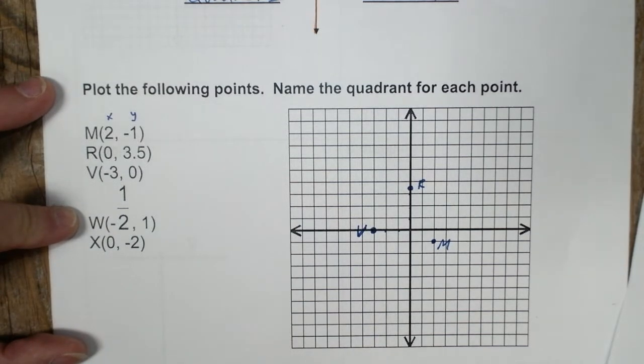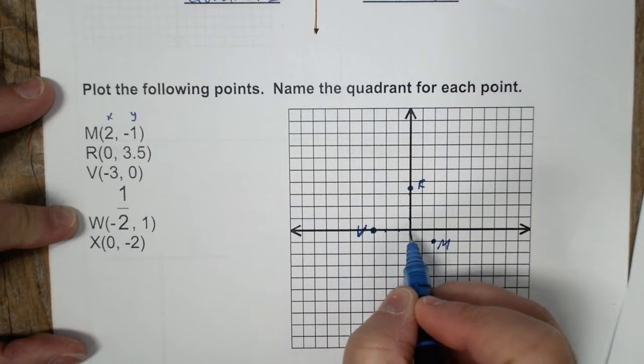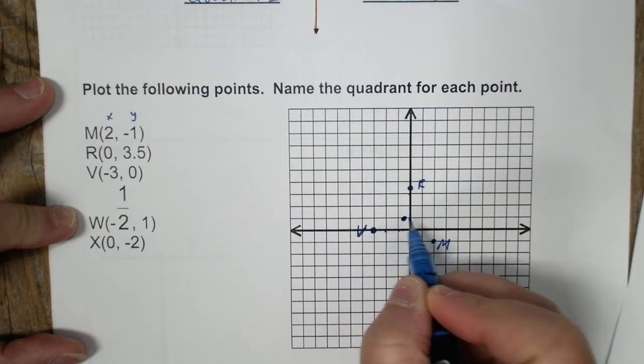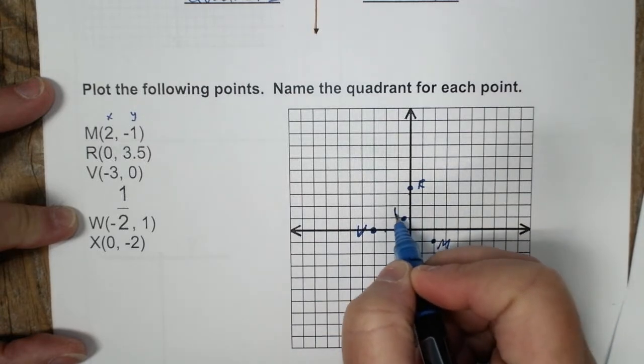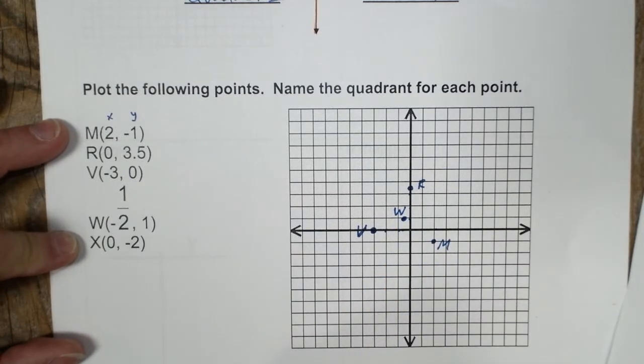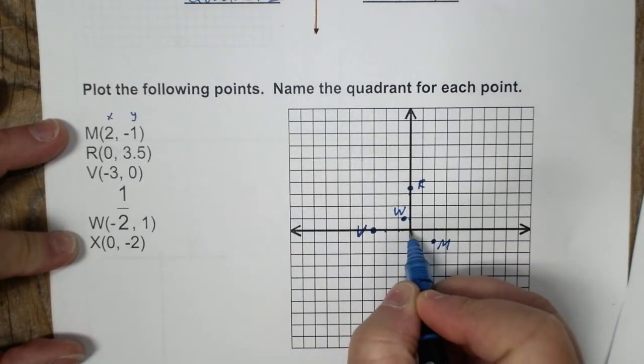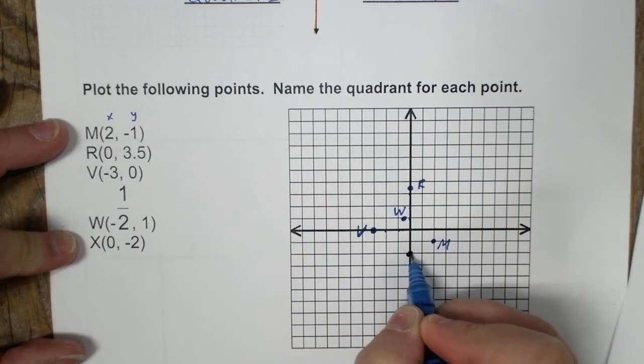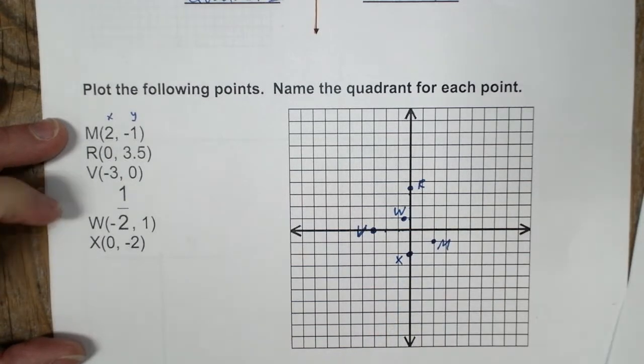W is -0.5 over and 1 up, which is W. And X is 0 over and -2 down, which is X.